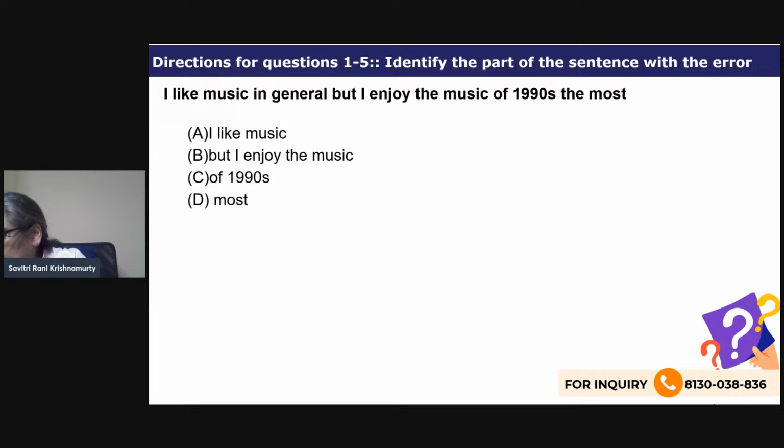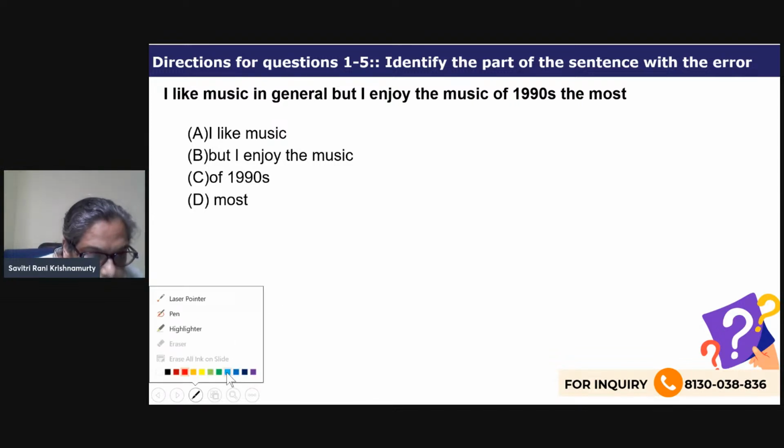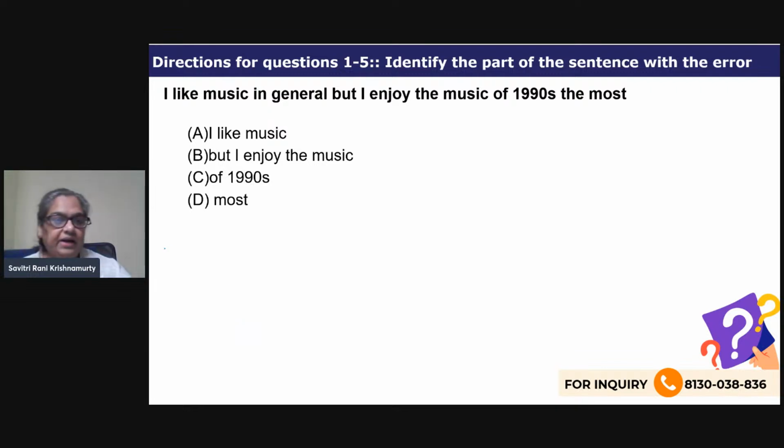I like music, but I enjoy the music of 1990s most. When you are talking of music in general, you don't need to use any article. So A is correct.